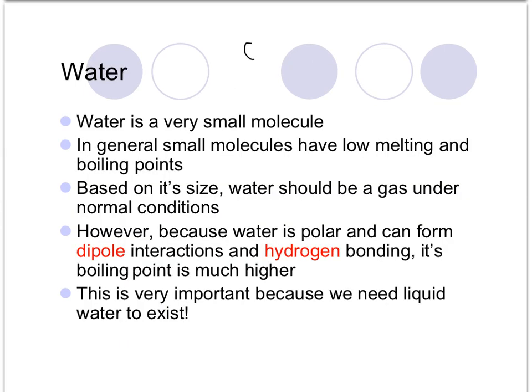Recall that water is made up of oxygen and two hydrogens in a bent shape, and that it is polar because the dipoles are not canceling each other out. You need to know that water is also a very small molecule, and in general, small molecules usually have low melting and boiling points. So based on its size, water should be a gas under normal conditions.